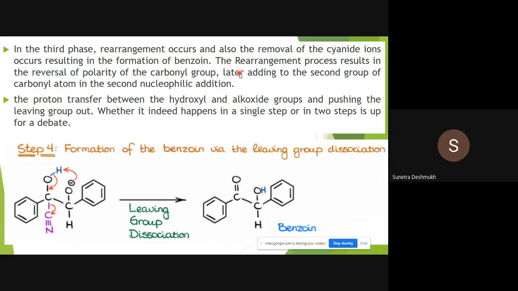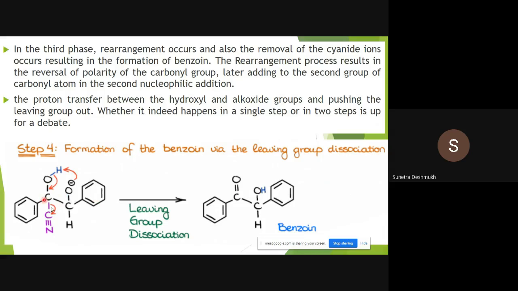The rearrangement process results in the reversal of polarity of the carbonyl group, later adding to the second carbonyl group. There is a proton transfer between the hydroxyl and alkoxide. This proton transfer occurs from the hydroxyl group to the alkoxide, pushing the leaving group out.